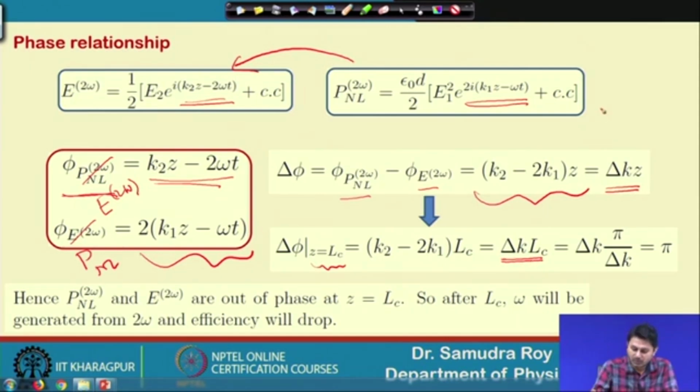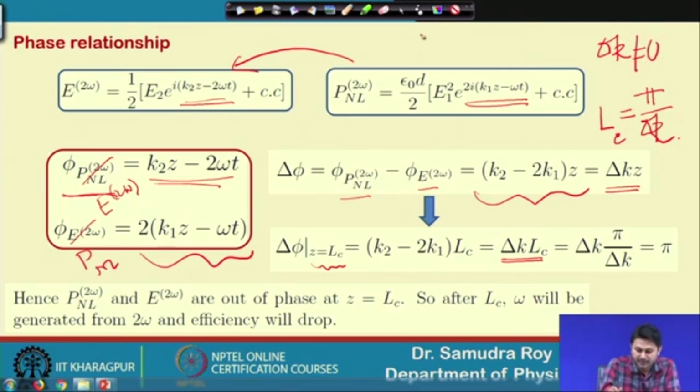Now, we know from the previous lecture that LC was pi divided by delta k. So, at this point we will have the efficiency maximum when delta k is not equal to 0. This curve you should remember.